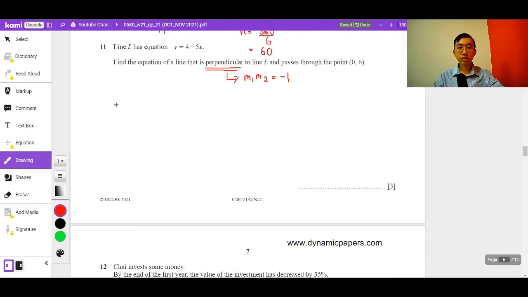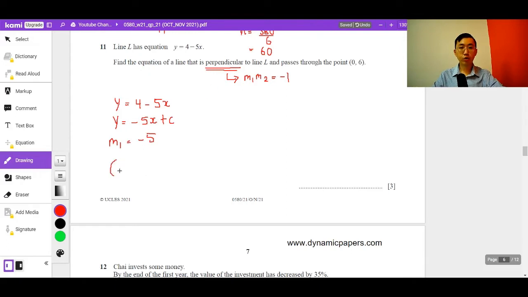Okay, let us start. So you write your equation. If I write it in the form y equals mx plus c, you can clearly see that the gradient of this line is -5. Alright, so we need to use this formula right now to find our m2 whenever we do a perpendicular question.